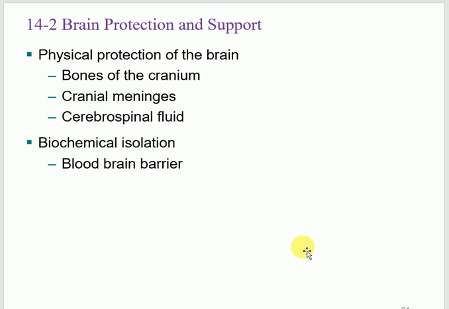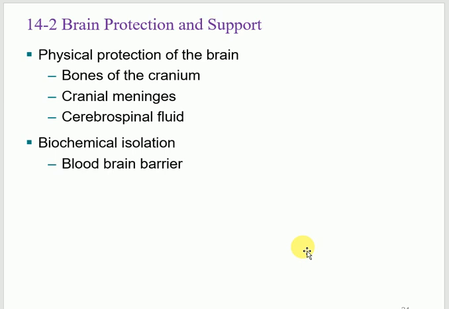Of course, this is something important: cerebrospinal fluid. This is where the cerebrospinal fluid circulates. You guys should remember this. Remember when I told you about the spinal tap? We get a sample from the subarachnoid space.